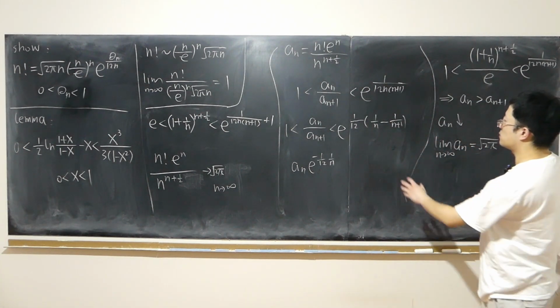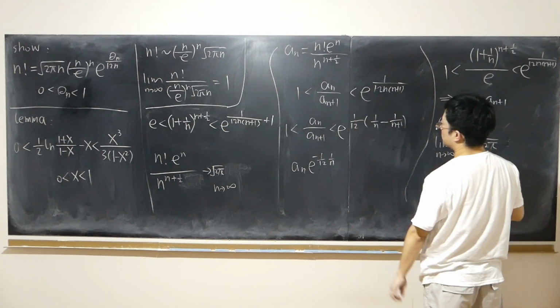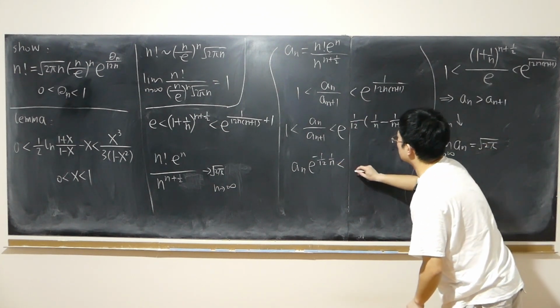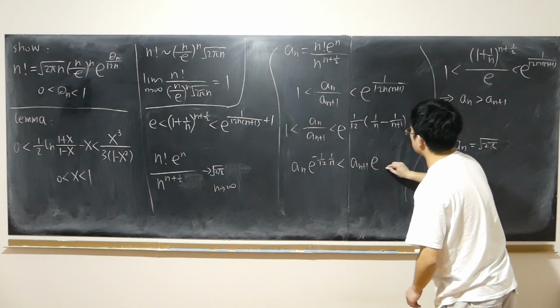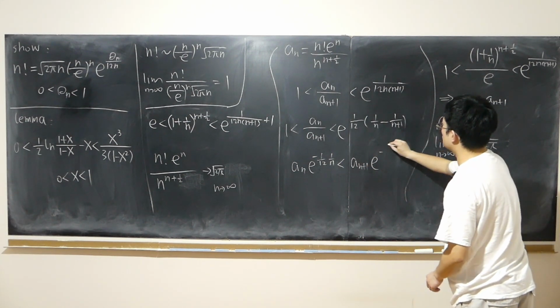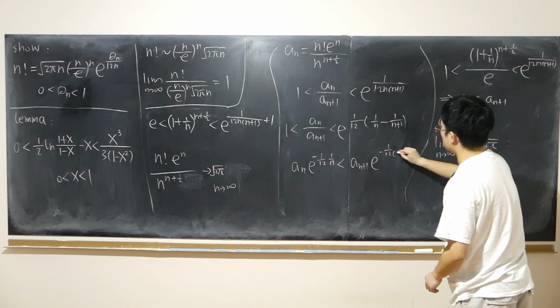So this part will be removed, and it is less than an plus 1 times e to the power of negative 1 over 12 times n plus 1.